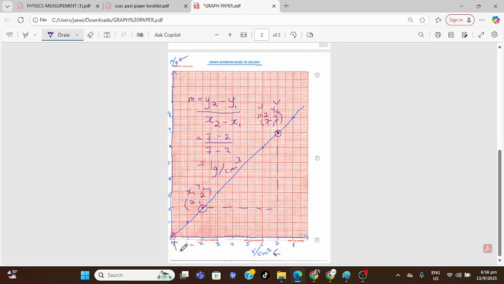So my y-intercept would actually have a value of 0. So you can write for this graph, the y-intercept is where the line of best fit touches the y-axis, and this is going to be 0, and it's not going to be just 0, it's going to be 0 grams, because the value on the y-axis is grams.